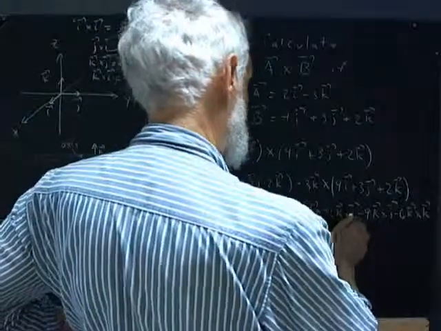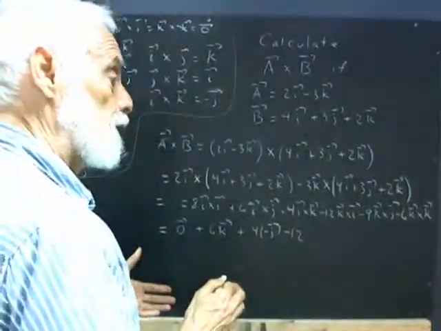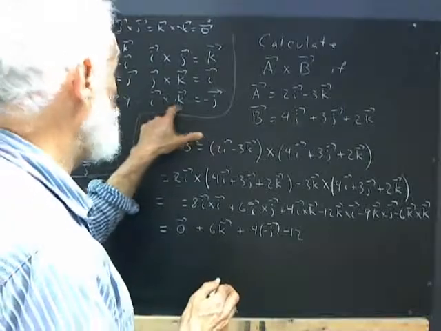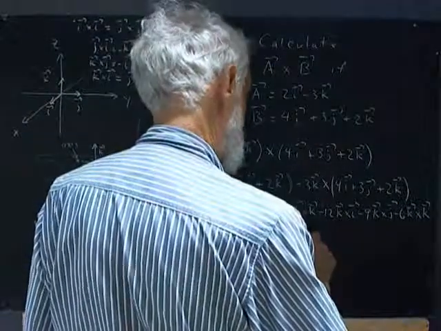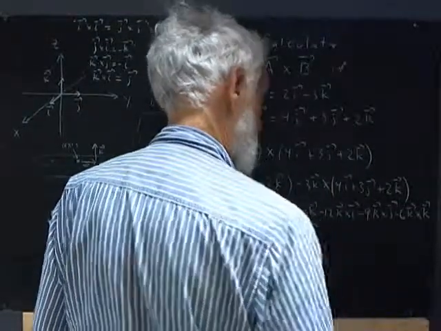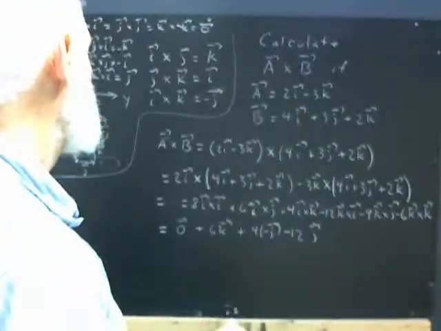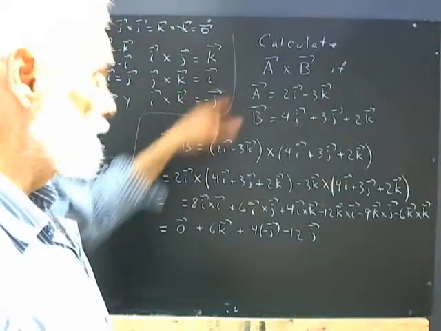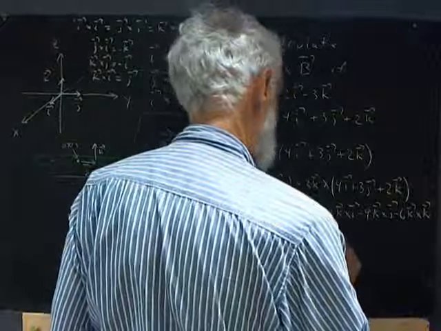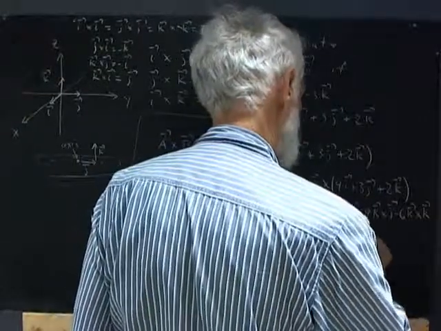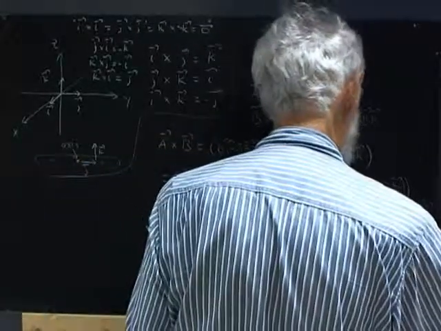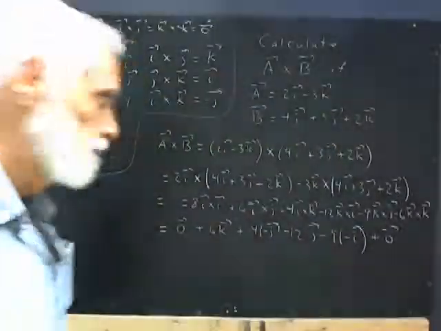Okay, we got negative 12 k cross I. What's k cross I? K cross I is the opposite of I cross k. I cross k is negative j. So k cross I is just plain old j. Then we have negative 9 k cross j. And what's k cross j? Well, j cross k is I, so k cross j is negative I. And then k cross k is 0.